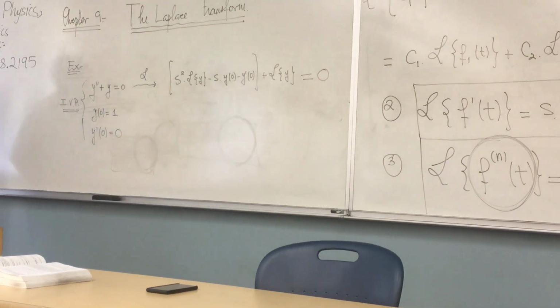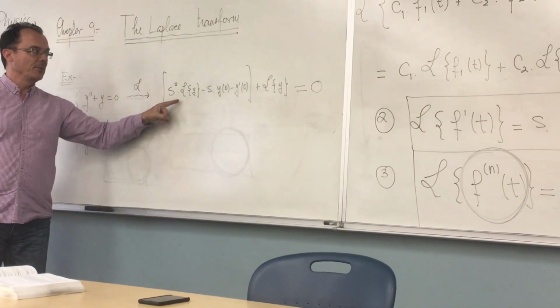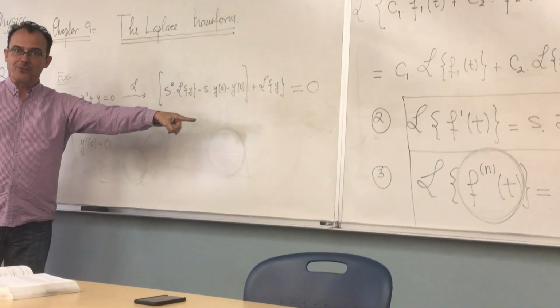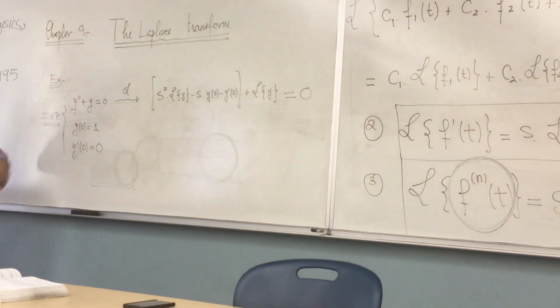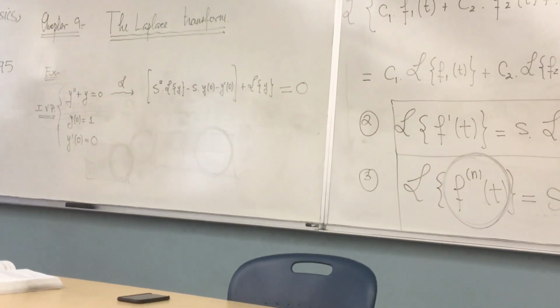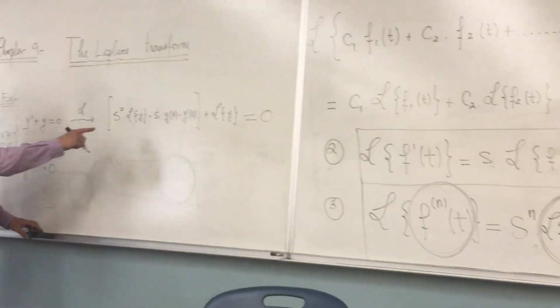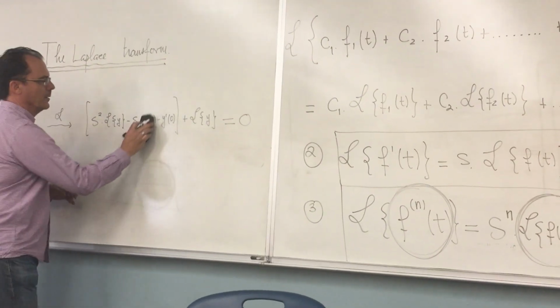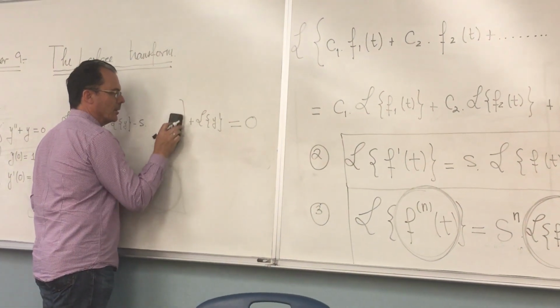What would you do next? Here, in this bracket, we use number 3 for the second derivative. What would you do next? Use the initial conditions, right? What are the initial conditions? Where is y at 0? 1. Where is y prime at 0? 0. So that's one.